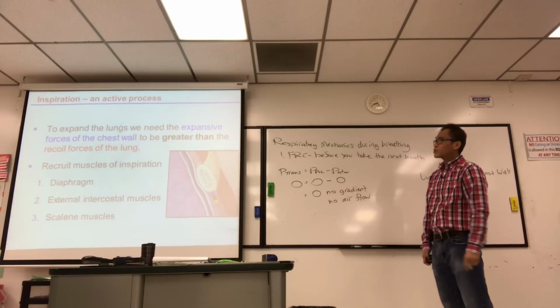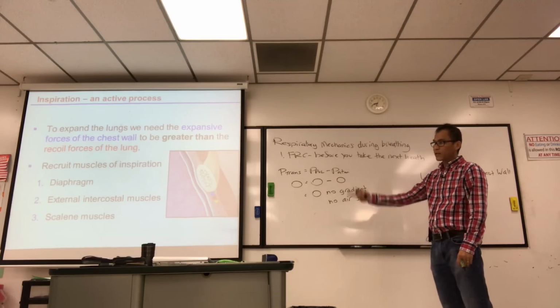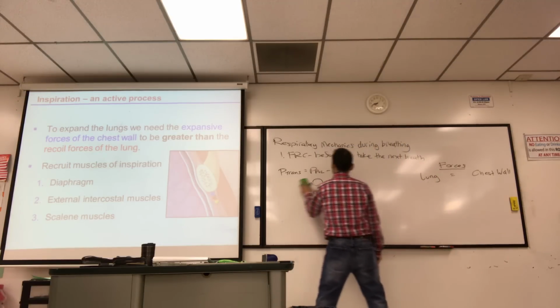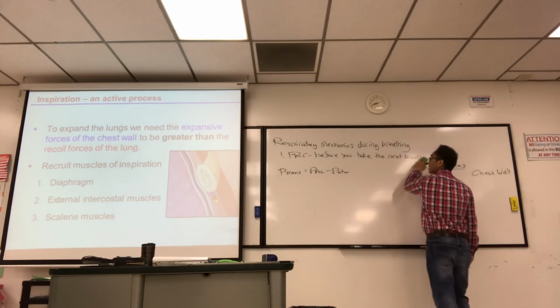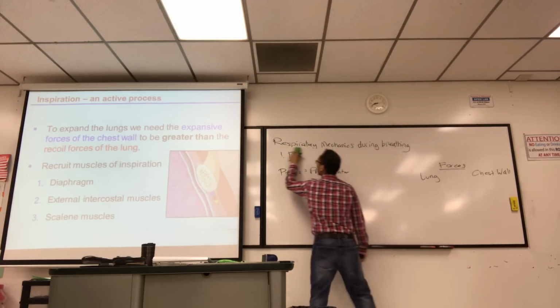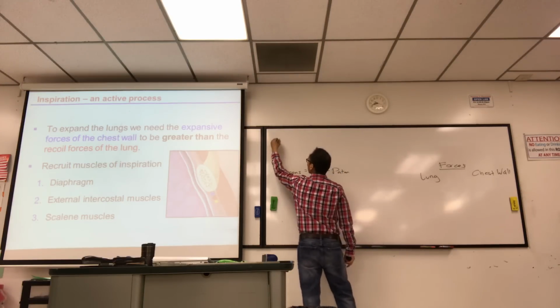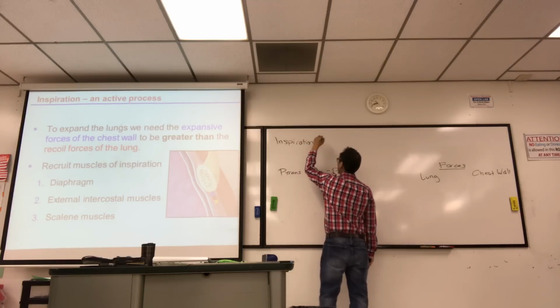To expand the lungs, we need the expansive forces of the chest wall to be greater than the recoil forces of the lung. You have to expand the chest wall, so you have to use your breathing muscles, and I list a few there. So I'll do inspiration. Take a breath in.